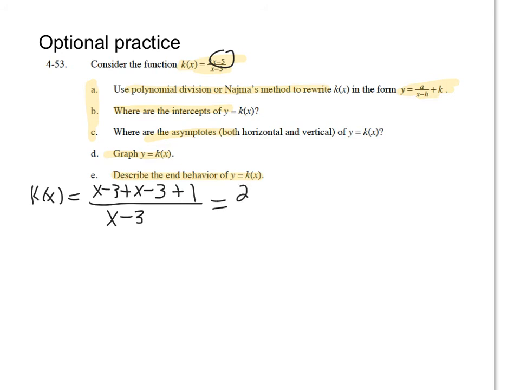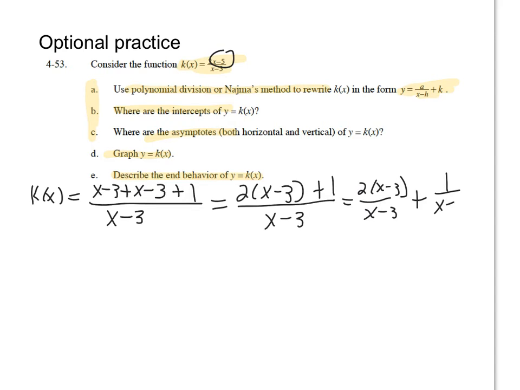That is equal to 2 x minus 3's plus 1 all over x minus 3, which is equal to 2 times x minus 3 over x minus 3 plus 1 over x minus 3, which means k of x is equal to 2 plus 1 over x minus 3.